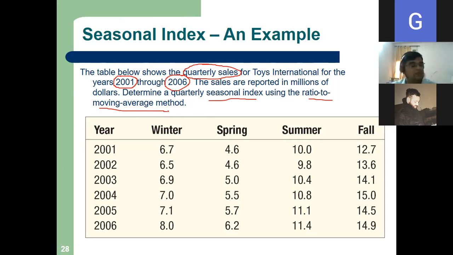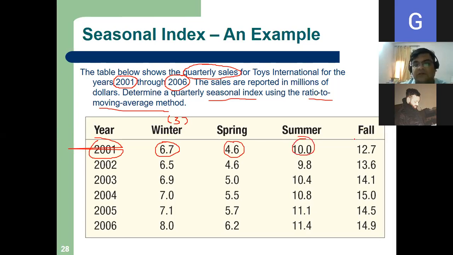So try to understand the data now. What is my data? 2001 to 2006, year wise data and also quarter wise. In 2001, the winter quarter consists of 3 months, right? Sales of toys is this much, 6.7. In spring, it is this much. In summer, it is this much.